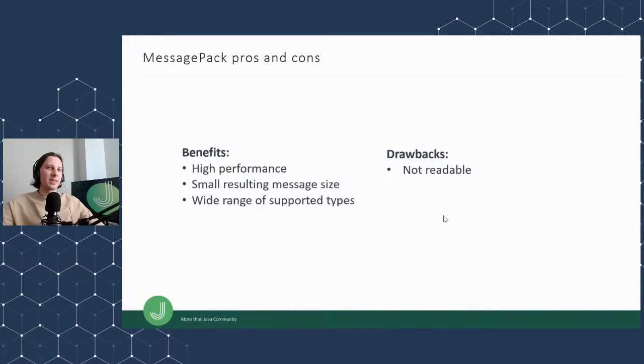They are not designed to be readable. It's hard to evolve the schema without breaking everything, and it's not widely adopted. JSON is much more popular, and there are more libraries for it. They are probably better tested because there are a lot of projects using JSON. So MessagePack is still not the ideal serialization format, and we will try to find another one.